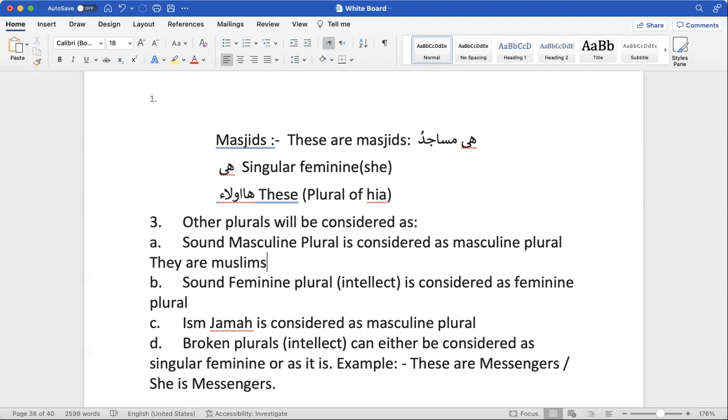This is only for plurals. So when a plural ism in the non-human category, whether it is broken or normal, comes there, it will only be treated as singular feminine. As for dual, it's not.